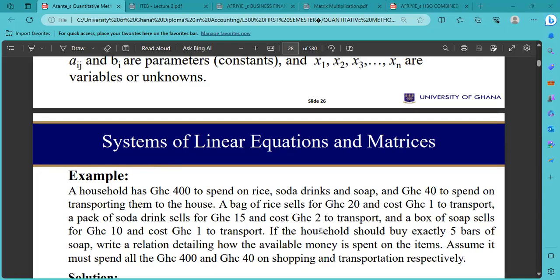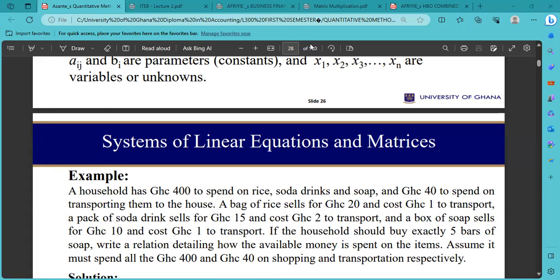If the household should buy exactly 5 bars of soap, write a relation detailing how the available money is spent on the items. Assume it must spend all 400 cedis and 40 cedis on shopping and transportation respectively.